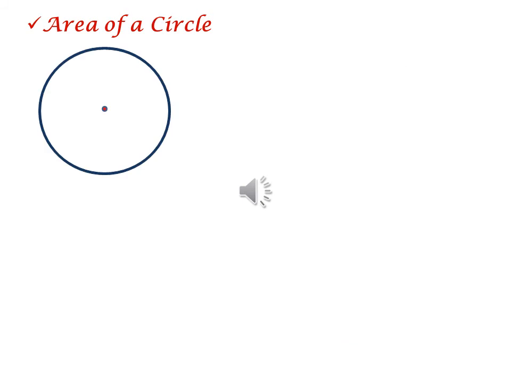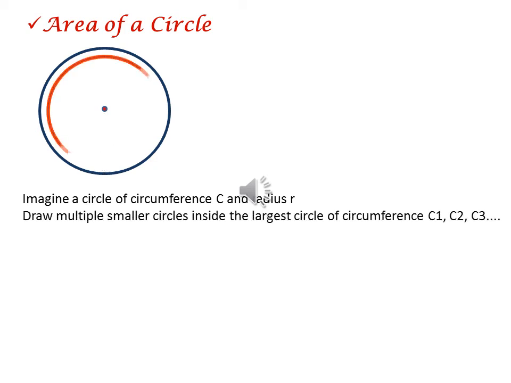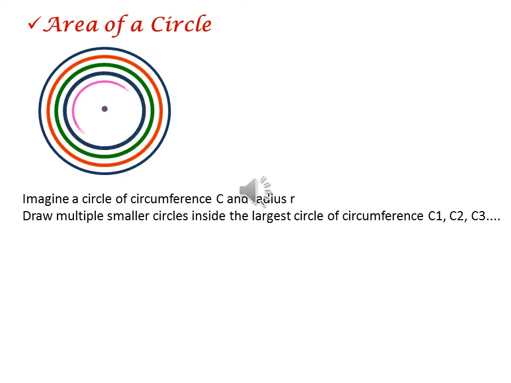So now we will learn how to calculate the area of a circle. Let's imagine a circle of circumference C and radius R, and let's draw smaller circles inside the largest circle of different circumference like C1, C2, C3.